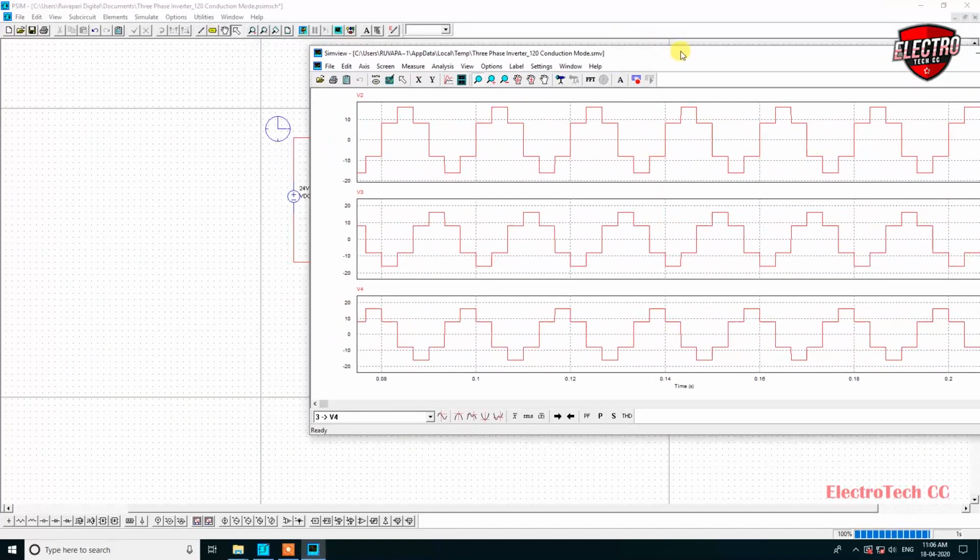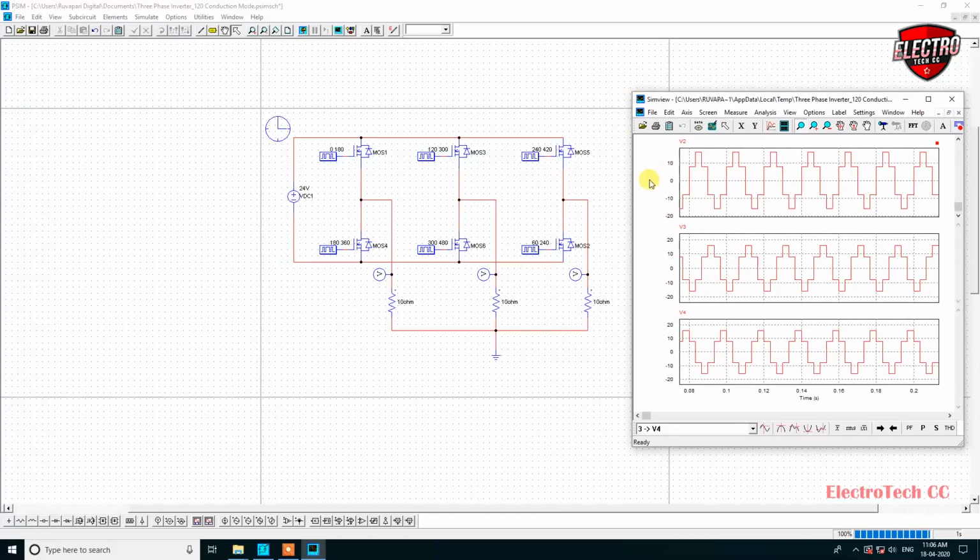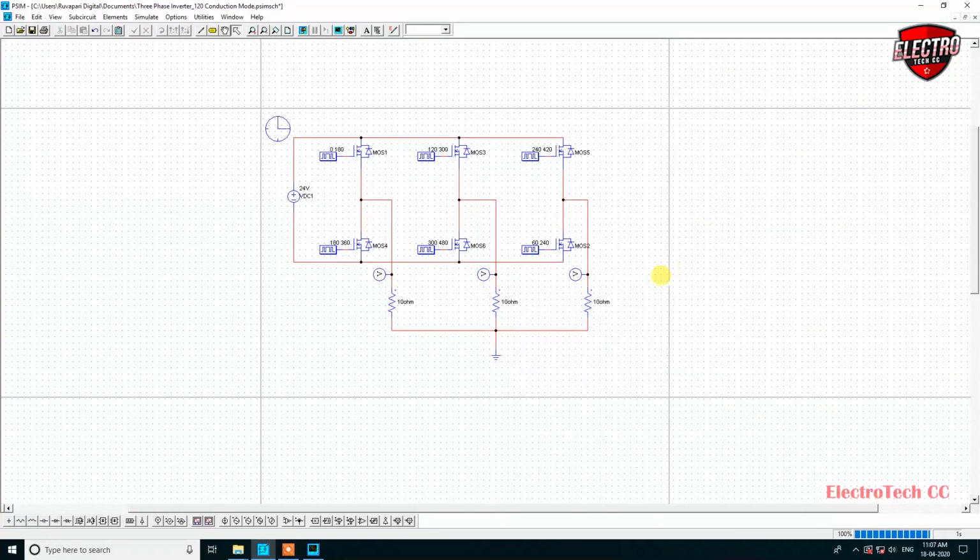You can get a similar 120 degree line voltage waveform. Now if you want to check line voltage in 180 conduction mode, then you just replace all these phase voltage probes with line voltage probes.